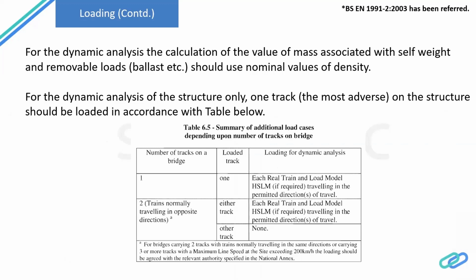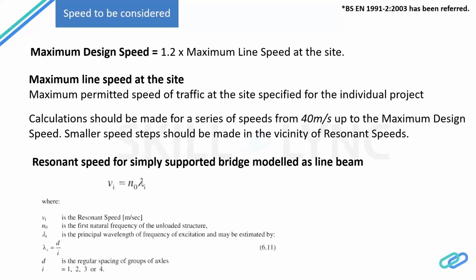If you see some rail projects with viaducts, there will be two tracks, one from place A to B and the other from B to A. But for the dynamic analysis, if one track is loaded, then it will govern the dynamic factor. So the code suggests to load only one track, with self-weight, ballast load, everything. This is the loading.